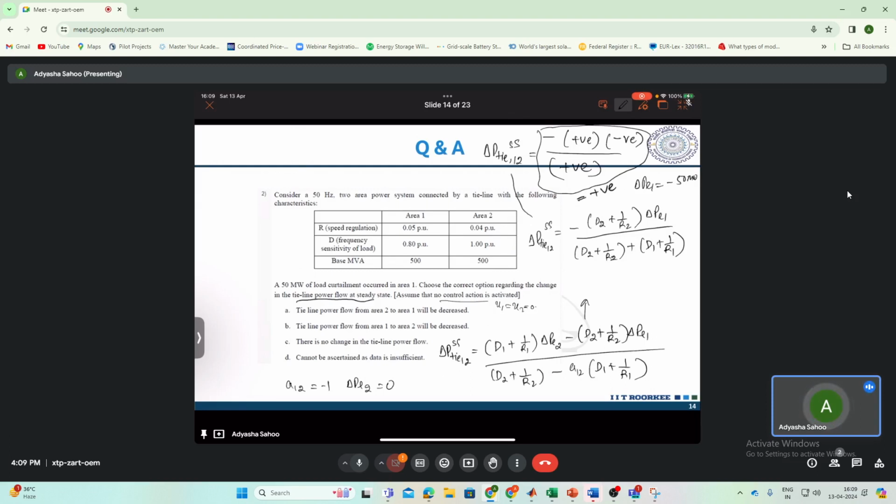Right, I hope it is clear. So delta P tie 12 is positive. If you remember the direction, this is P tie 12. So tie 12 is positive, means power flow is from area 1 to area 2. Right, additional power flow is from area 1 to area 2.